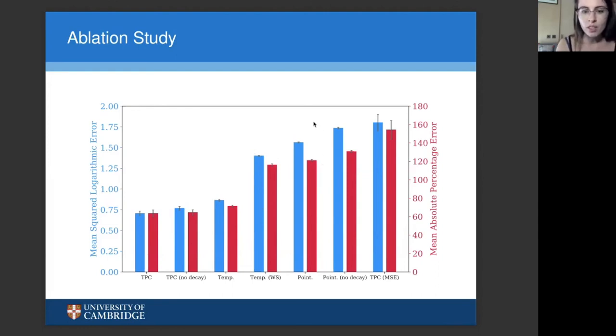The next one is pointwise on its own. So this does quite a bit worse than the TPC model, which shows us that if you just take the interfeature relationships and you don't look at anything across time, the model isn't going to do very well, because it doesn't know if the patient is getting better or worse. And that actually just gives a lot of information about how likely the patient is going to be discharged.